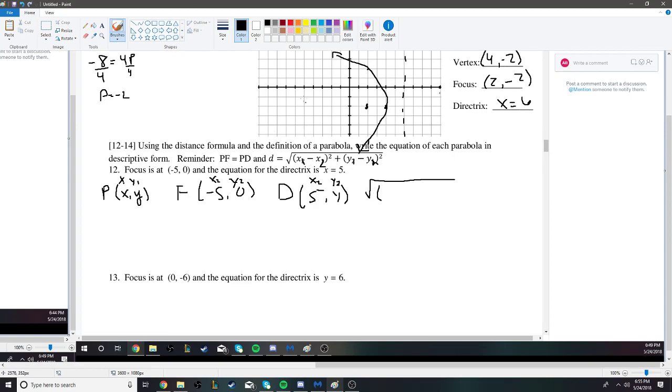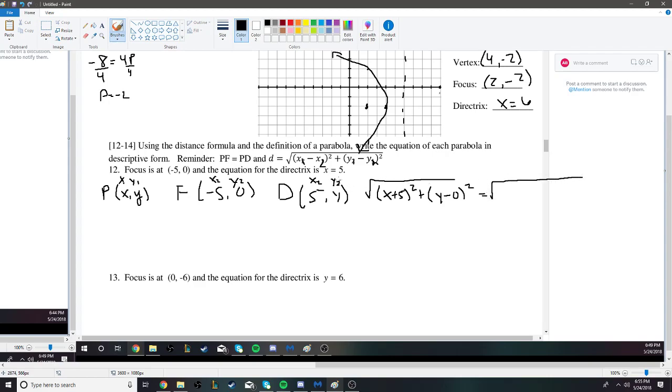So we're going to do x1 minus x2. So this is going to be x minus a -5, which makes it a +5, squared, plus y1 minus y2, so y minus 0 squared.